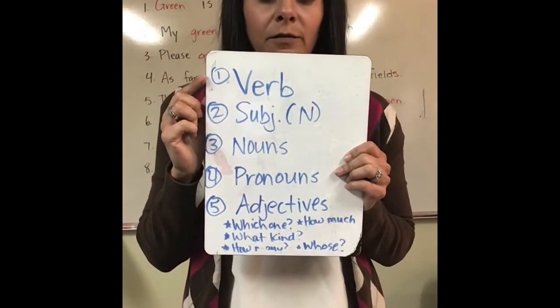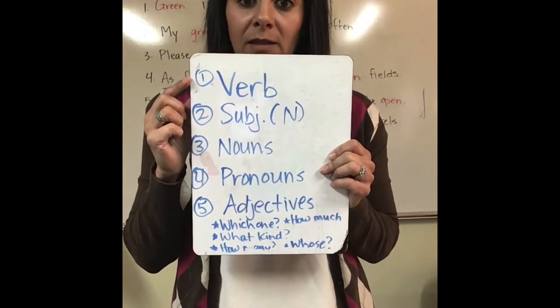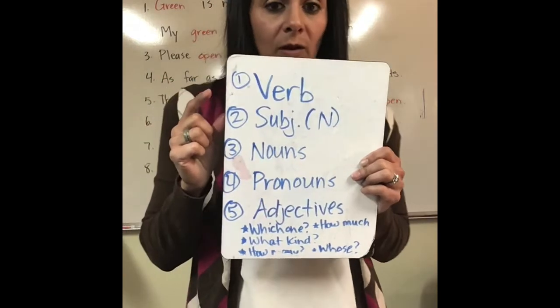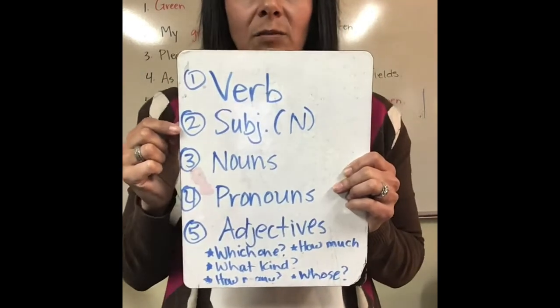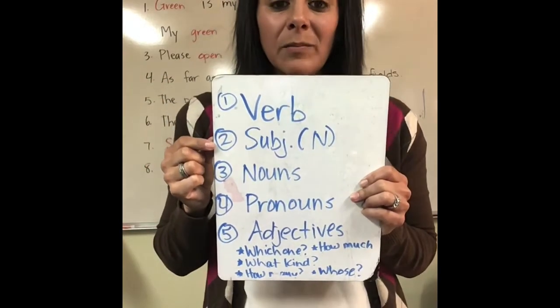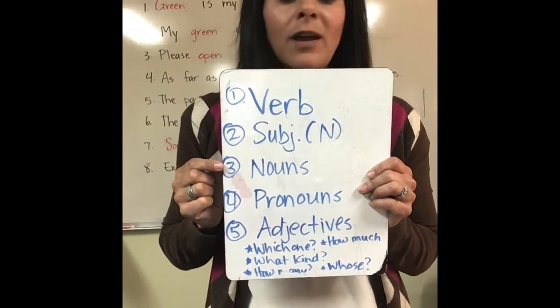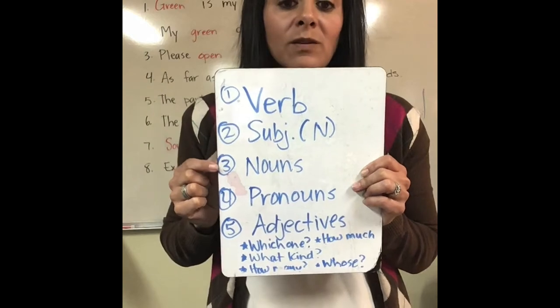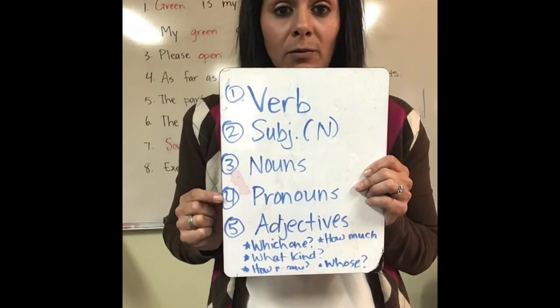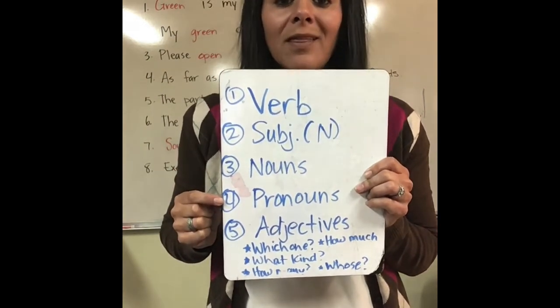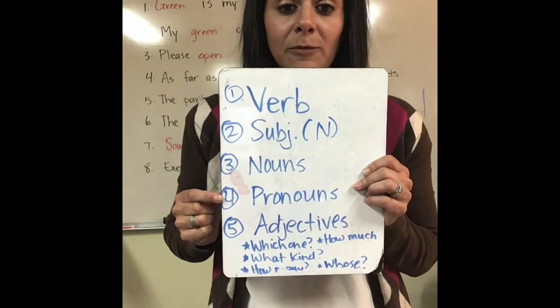Okay, after we find the verb, which is what's being done in the sentence, or stated being or helping, you're going to look for the subject. The subject is going to be a noun. After you find that noun, you're going to find all the other nouns in the sentence. Once we find that, we're going to look for any pronouns. Pronouns are he, she, we, they, them, all of those that we've learned.